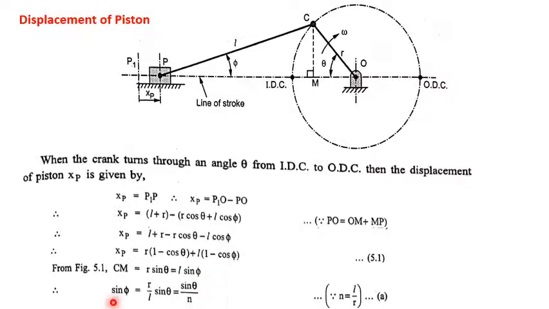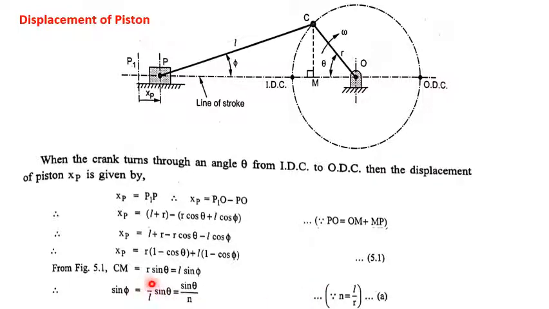Now sine phi can be written as R by L into sine theta, from the above equation. We know from the obliquity ratio that n equals L by R, but here we have R by L. Therefore R by L can be written as 1 by n.